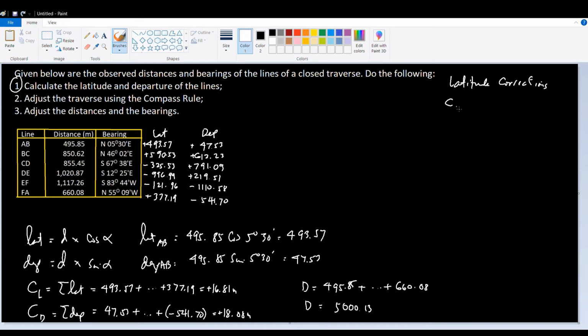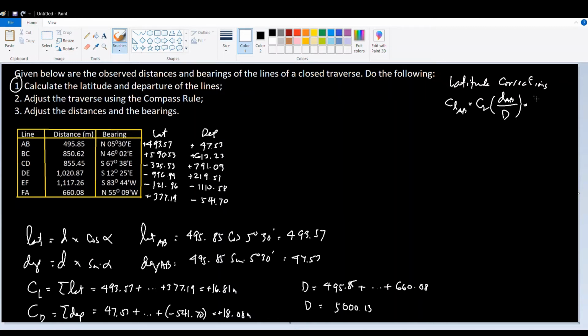We can start with CL of line AB. That is the total misclosure in latitude times the distance of AB over the total distance.